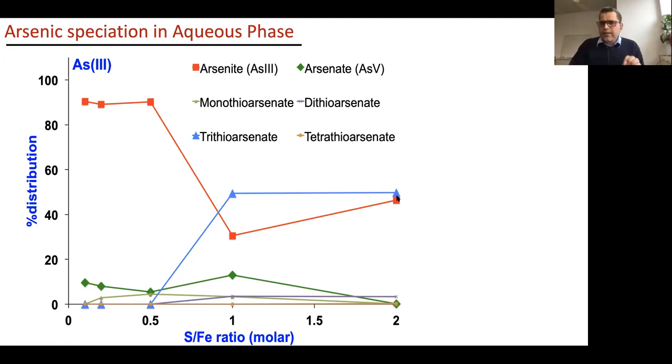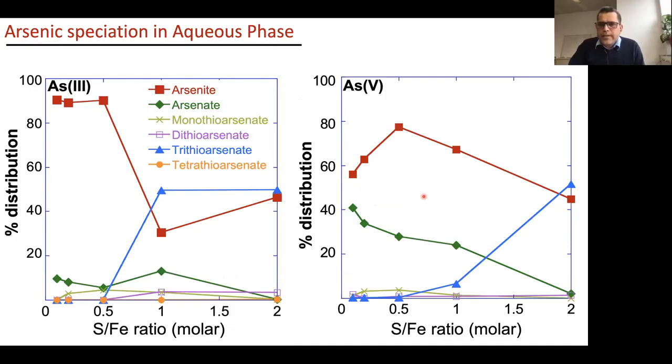Now, we also had an experiment where we soaked arsenic 5 and everything else was the same. So there, what we see is that for arsenic 5, it's more or less a similar end result, but slightly different mechanistically. Initially, as we add the sulfide, you already start to see arsenic reduction, because sulfide is a reductant as well.